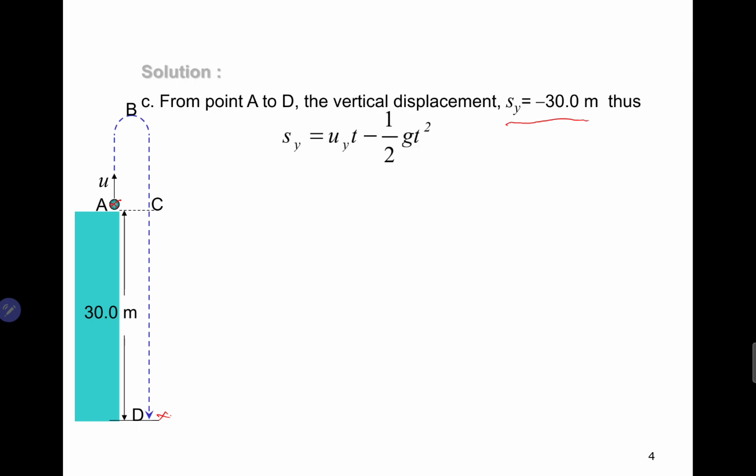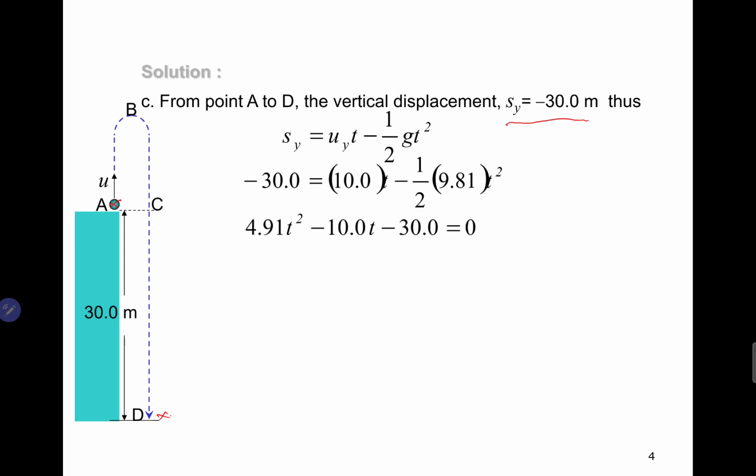We can use the equation S equals ut minus half g t square. Replace in the values. This one you will end up with a quadratic equation, so you need to use the quadratic equation solver. You can rearrange in terms of A, B and C.